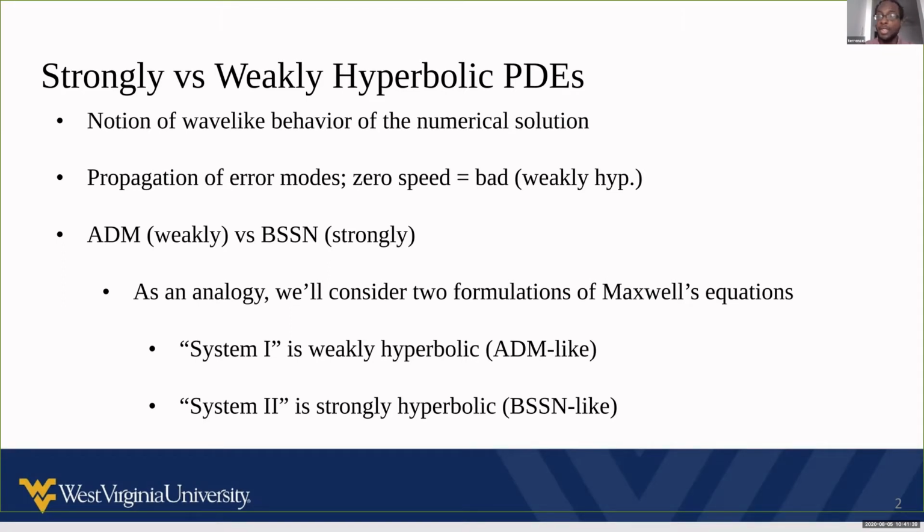But then later on we had the BSSN formalism, which turned out to be strongly hyperbolic. So in analogy, here we'll just be talking about two different formalisms of Maxwell's equations, where system 1 is going to be weakly hyperbolic or ADM-like, and system 2 will be strongly hyperbolic or BSSN-like.